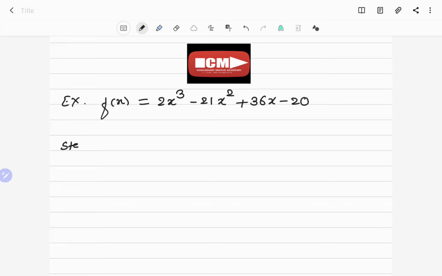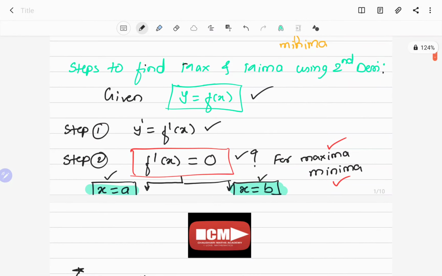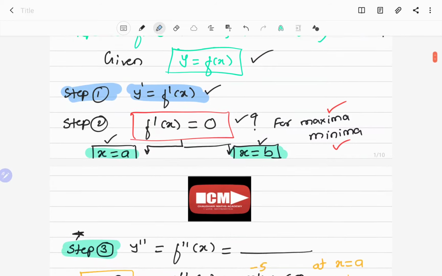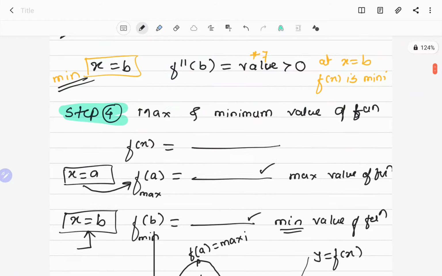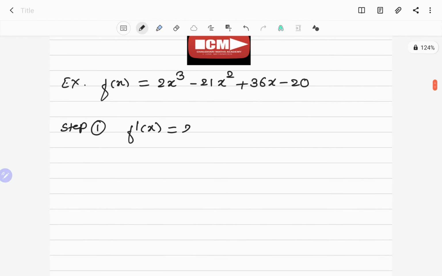Let's start with step number 1. Step number 1 is all about finding the first derivative. Please observe, I am just following these 4 steps. So let's find the first derivative. Keeping this 2 as it is, the derivative of x cube is 3x square, minus 21 times the derivative of x square, which is 2x.